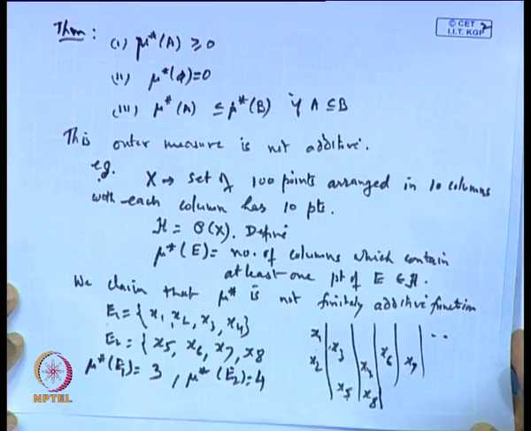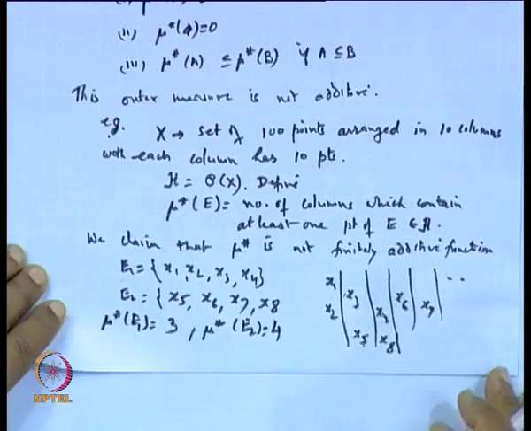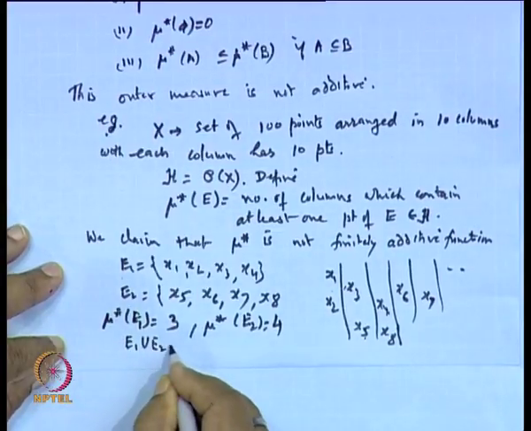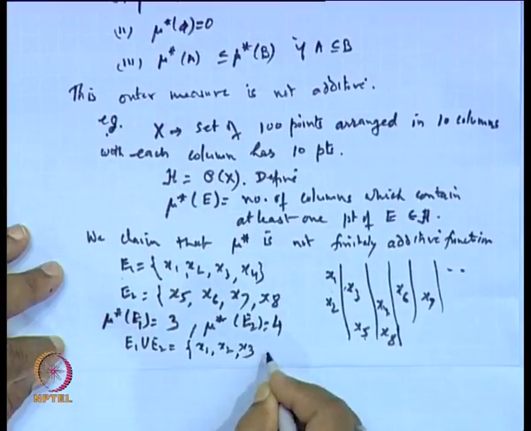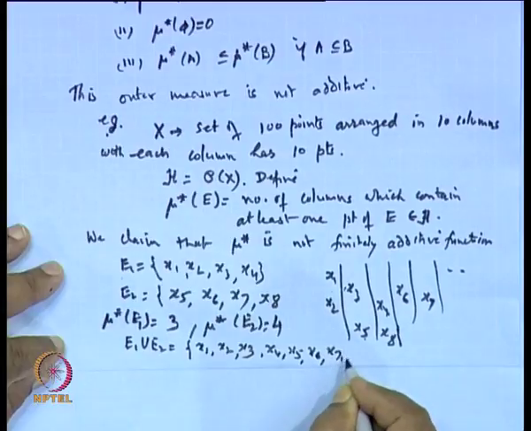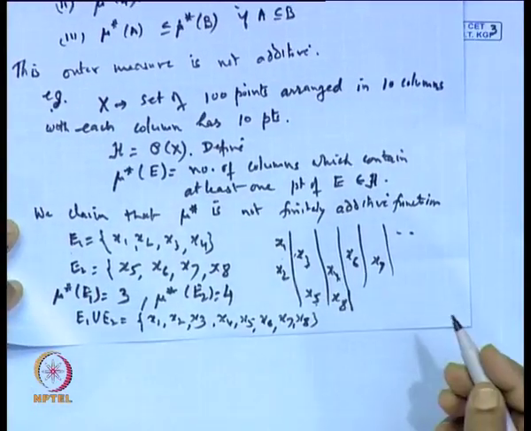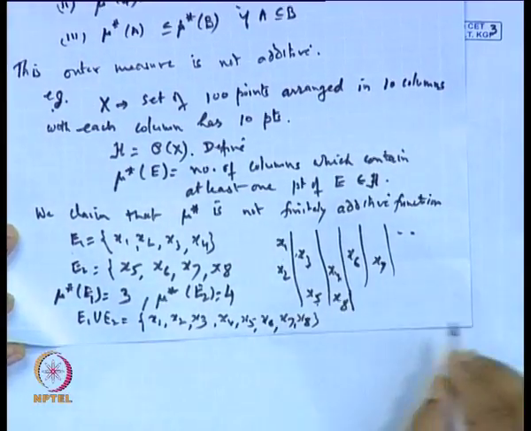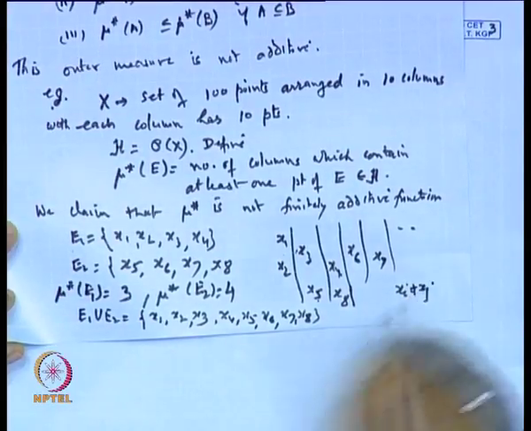If I take E1 union E2, then what we get is x1, x2, x3, x4, x5, x6, x7, x8, and the intersection is empty, because x1, x2, ..., xn are all different elements, xi is not equal to xj.